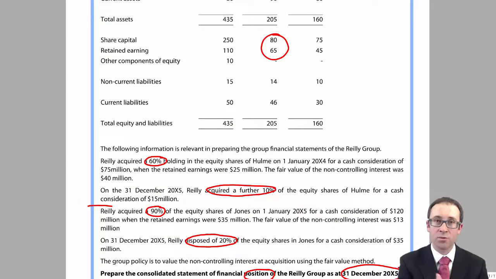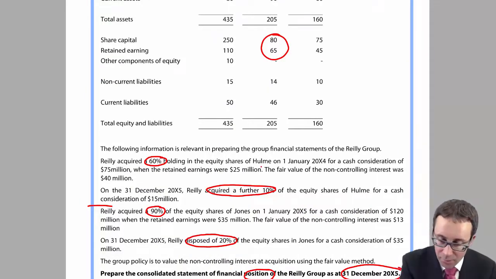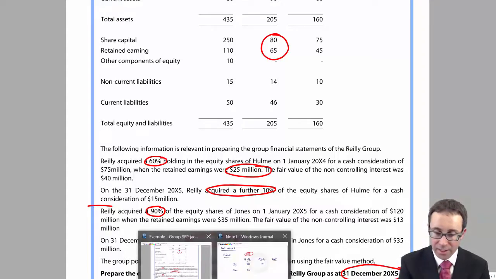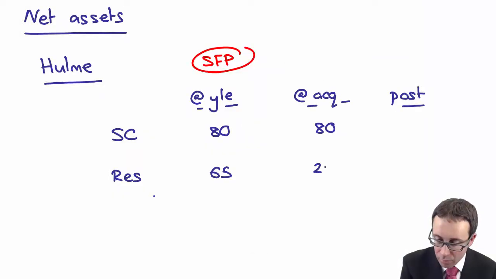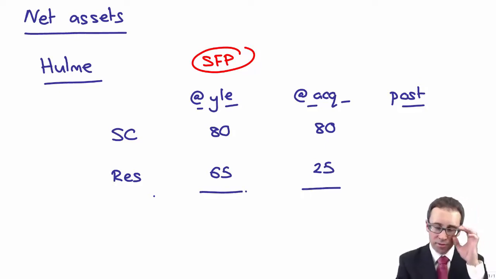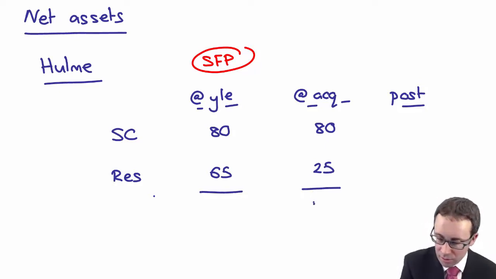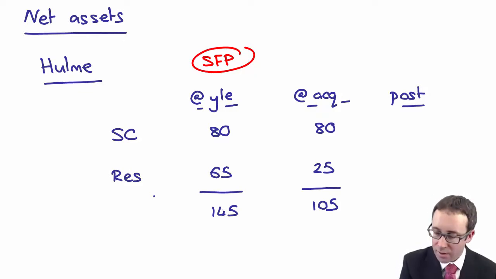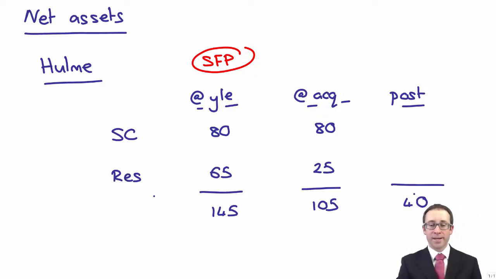The date of acquisition was when we got that 60%, and we're told that the retained earnings at that date were 25 million. Again, no nonsense within the question, no PUP adjustments or fair value adjustments. So I have, is it 105? Is it 145? And is it post acquisition there as 40? Okay. Everyone happy with that?